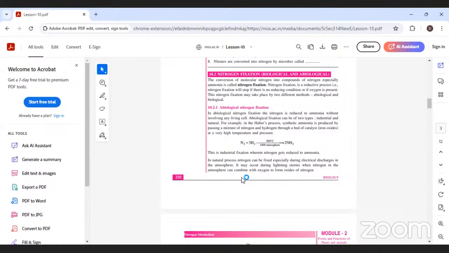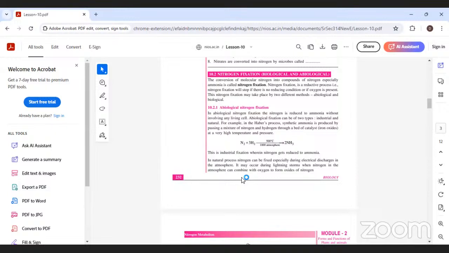Nitrogen fixation is a reduction process. Nitrogen fixation will stop if there are no reducing conditions or if oxygen is present. This nitrogen fixation may take place by two different methods, the abiological and the biological method.